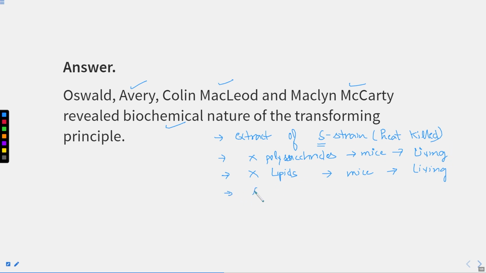Then he got rid of the RNA. To get rid of lipids, you can use lipase enzyme. To get rid of RNA, you can use RNase. And then he injected that extract in mice. Then again, the mice was living, it was alive. Then he got rid of what? Proteins. So you can use protease to get rid of proteins.